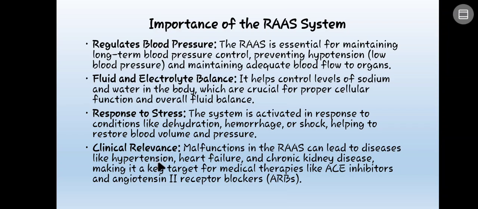Why hypertension? It can lead to hypertension because, in as much as the system is regulated, it's activated when there is a decrease in blood pressure. This system has to also be deactivated or suppressed when there is an increase in your blood pressure.